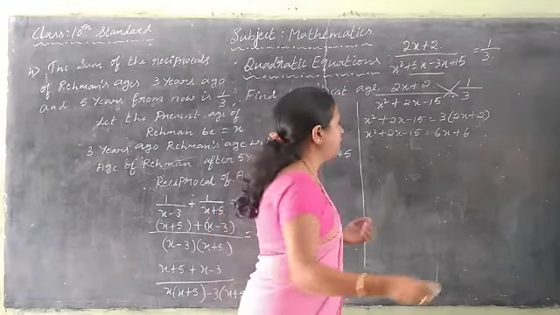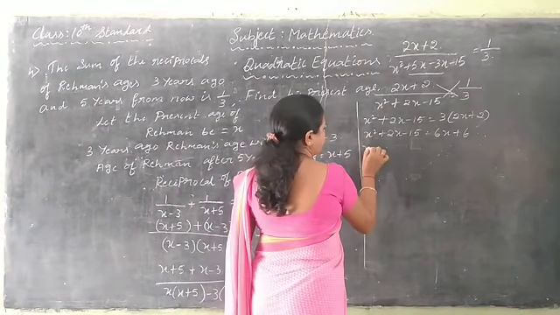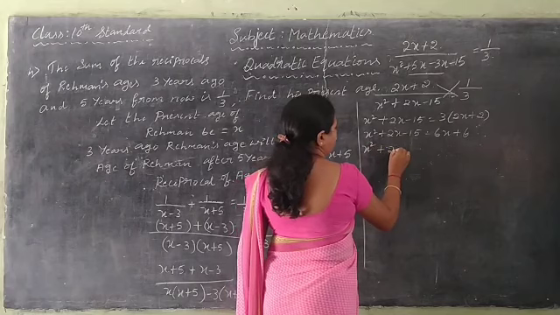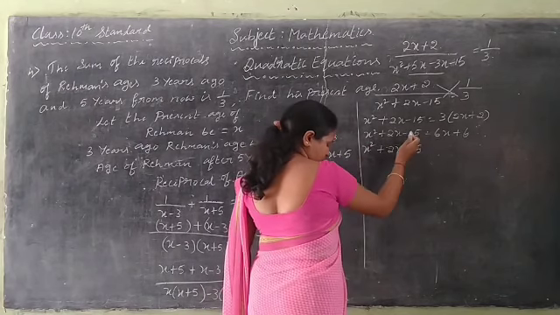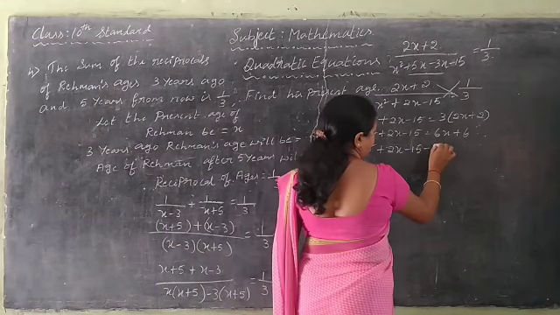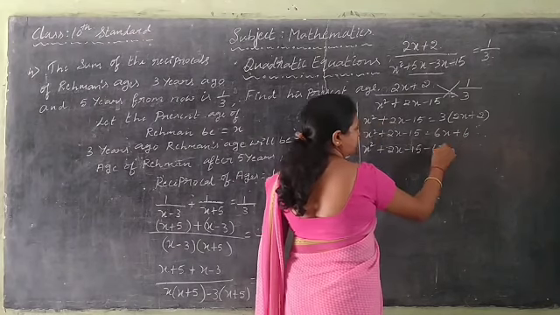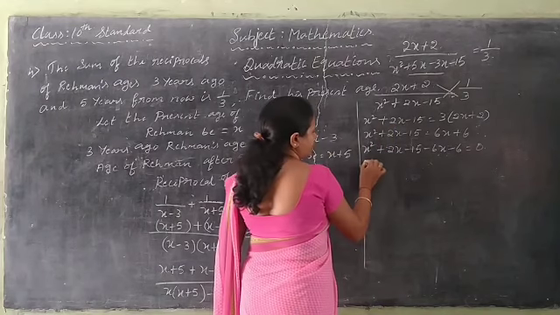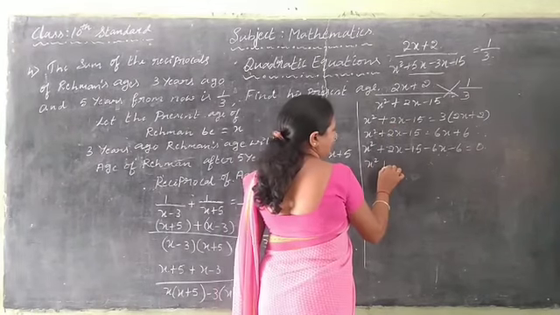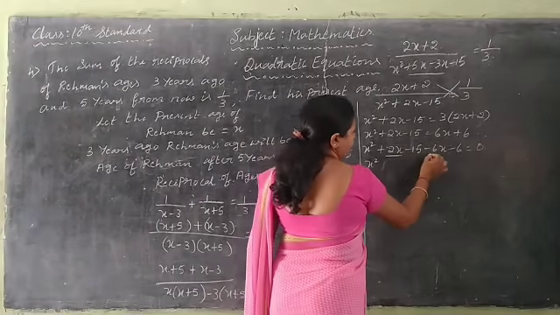Got it. Then transfer the right hand side to the left hand side. x square plus 2x minus 15, plus 6 is there. When you transfer, it becomes minus 6x, and plus 6 becomes minus 6, equal to 0. Now x square plus 2x and minus 6x.